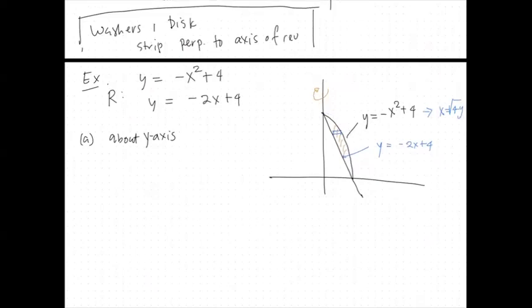And then here you get x equals 4 minus y over 2. So this is your r out, and this is your r in.